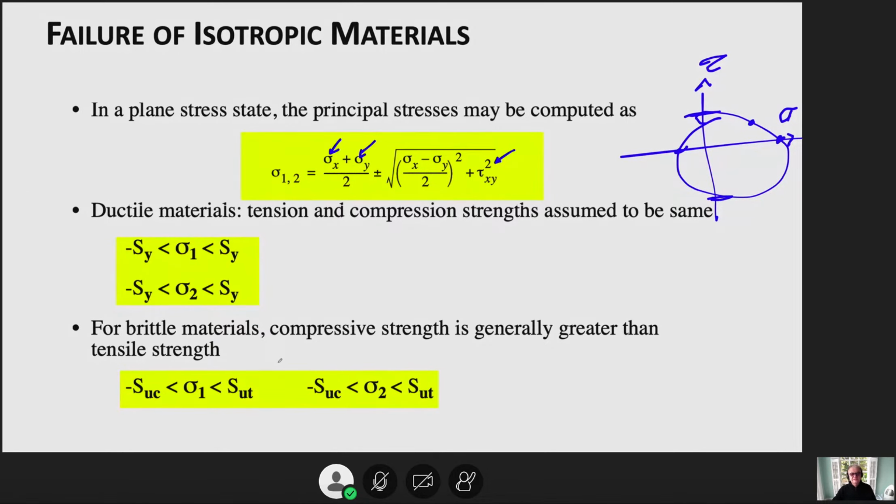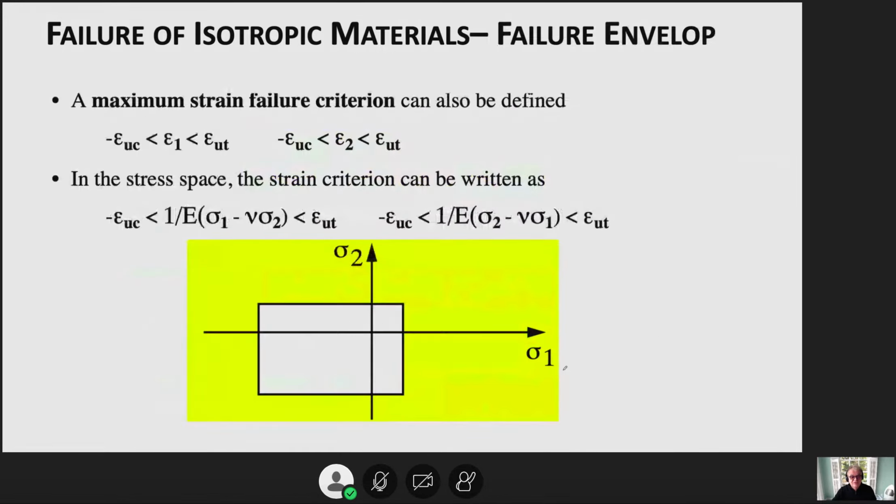If it's a brittle material, then typically there is an ultimate tensile strength, which is different than the ultimate compressive strength. And these are material properties that should be given. So SY, yield strength, will be specified, and here, SUT or SUC will be specified. And then you do the same thing for sigma 2. And if they are within those limits, you're good. You don't fail.